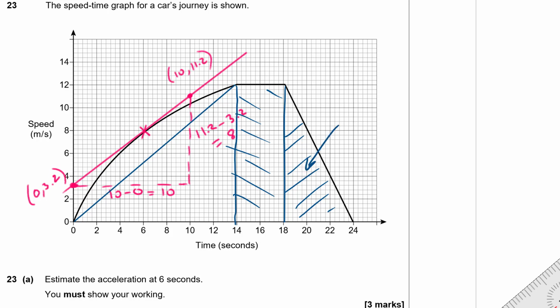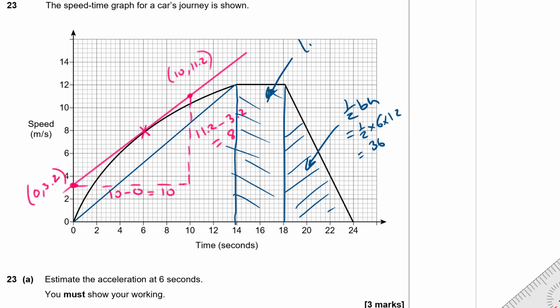So this area here is a triangle, so it's a half base height, isn't it? So that's going to be a half times 18 to 24 is 6 times a height of 12. So half 6 is 3, 3 6s are 36. This bit here is a rectangle, so just length times width.